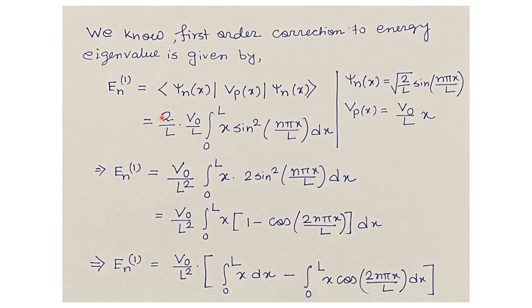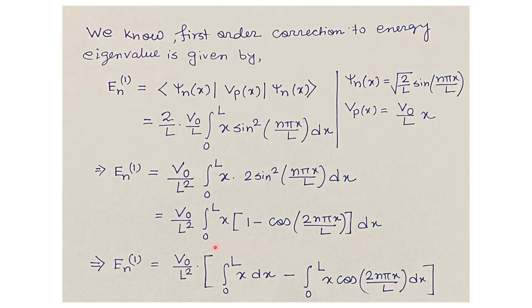Now we will take this 2 inside the integration. So this will basically give 2 sine squared n pi x by L. Now we know 2 sine squared theta equals 1 minus cos 2 theta. So we will just apply that trigonometric formula here. So this will give the first order energy correction En1 equals V0 by L squared times integration 0 to L of x times 1 minus cos 2 n pi x by L times dx.